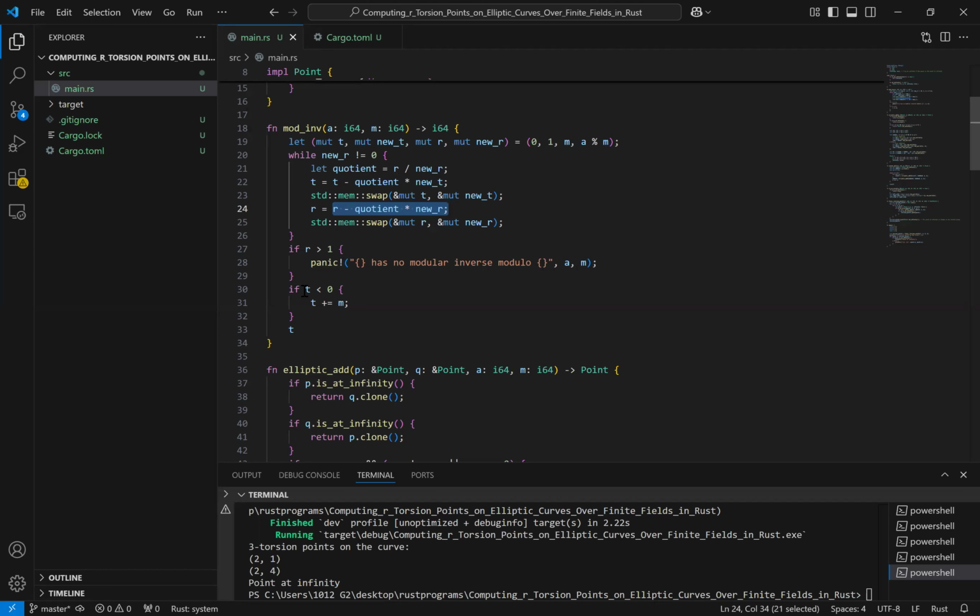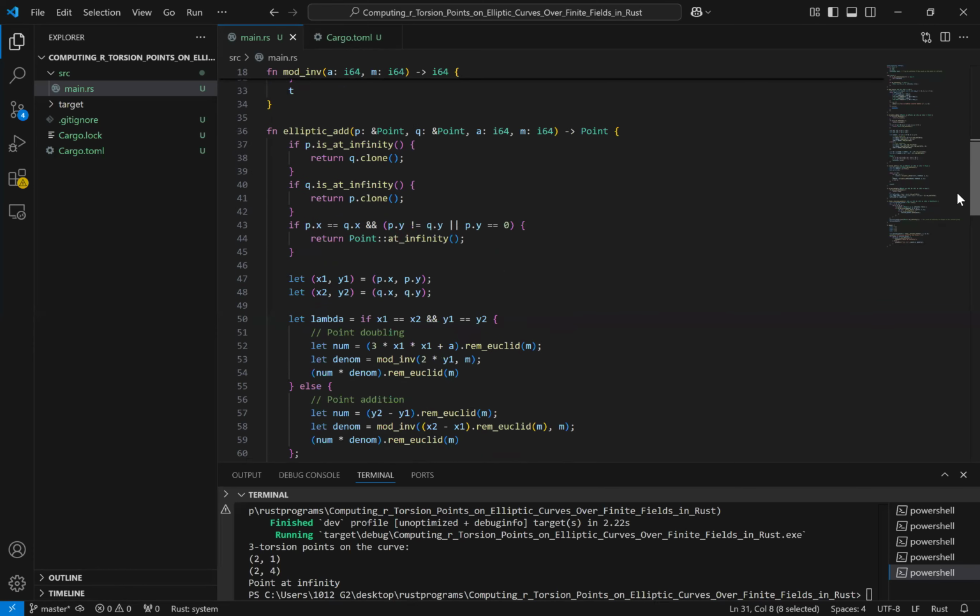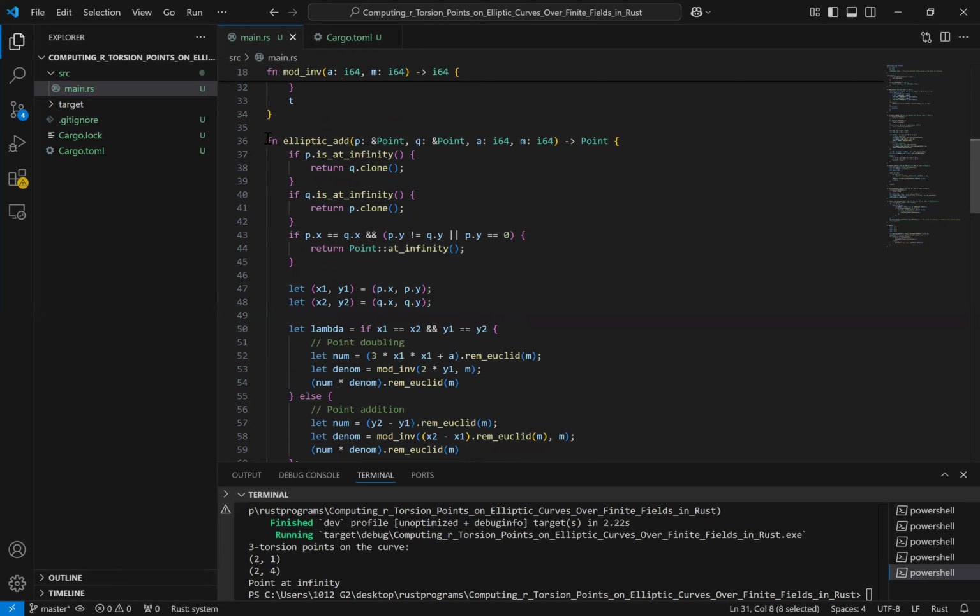But if t is less than 0, that is, you have negative values, say t is -3 or -4, then you add m to it to get the new t. So if t was -3 and your mod is 5, then t is -3 plus 5, which gives us 2. That is what this statement means, and so on. I have not written how the code works, but this code, we already looked at it, and this is elliptic curve.